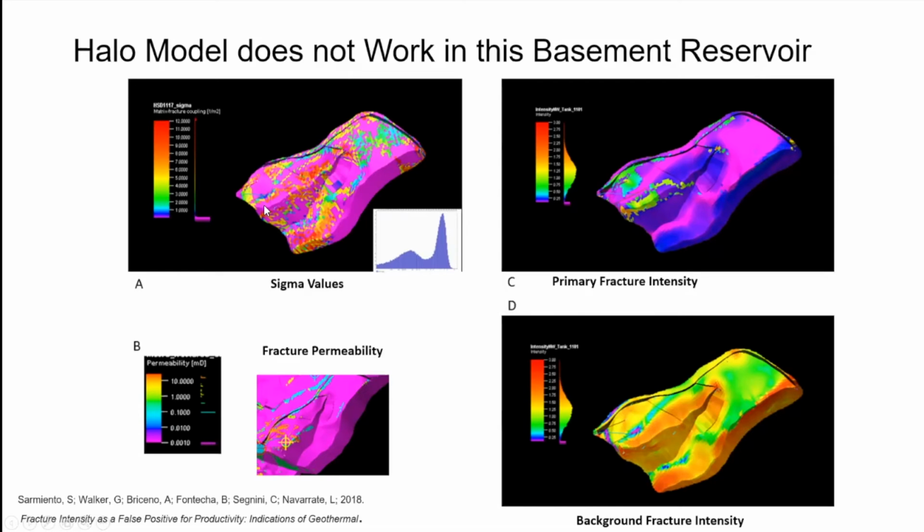It also didn't hold the DST results, the well test data and the interference well test data. So the static model needed to be sent back to start asking some questions. Okay, so definitely higher fracture intensity doesn't work.